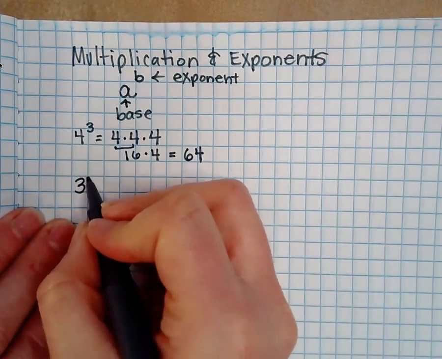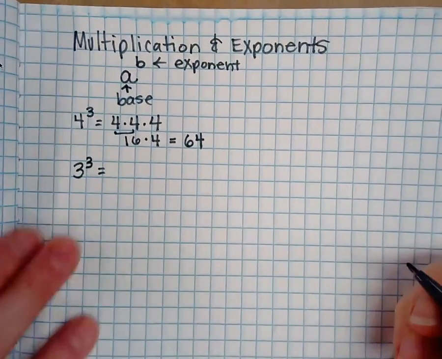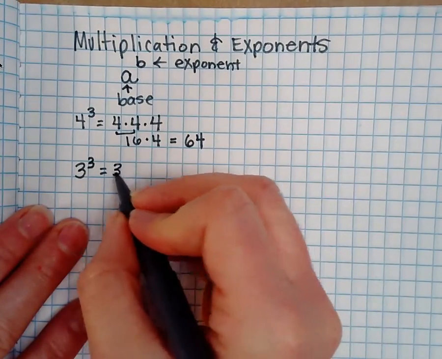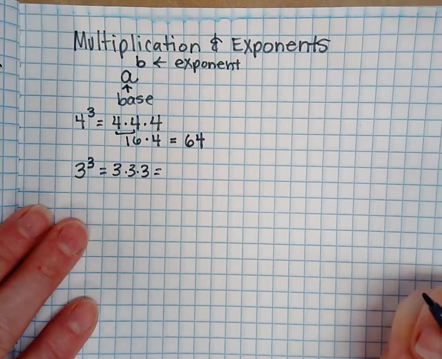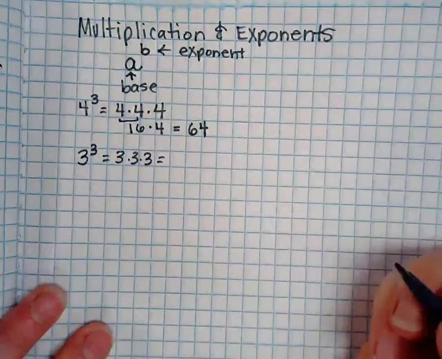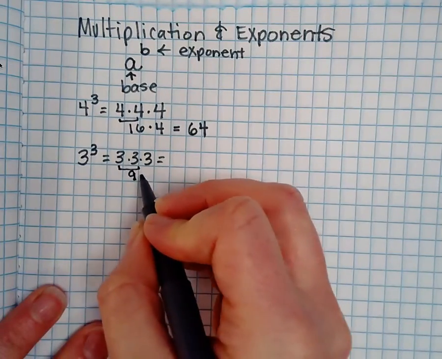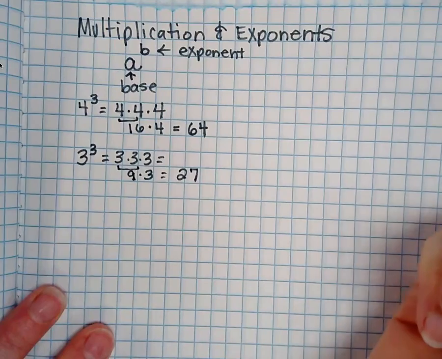Okay, let's do another problem. 3 cubed. So I expanded out 3 times 3 times 3. 3 times 3, 9. 9 times 3, 27.